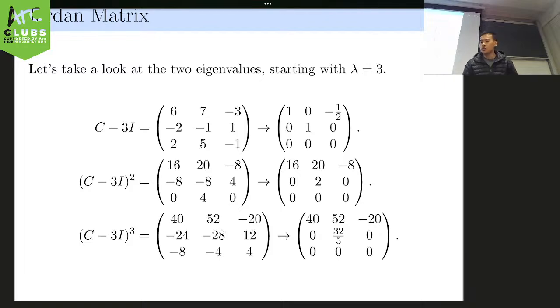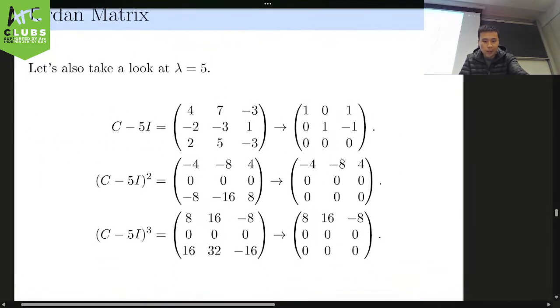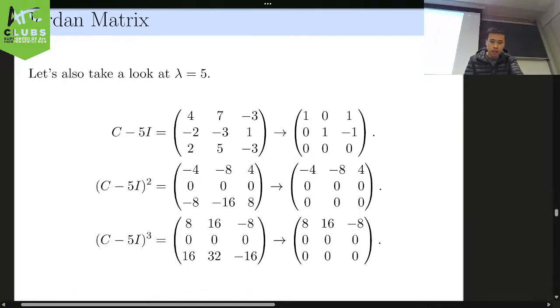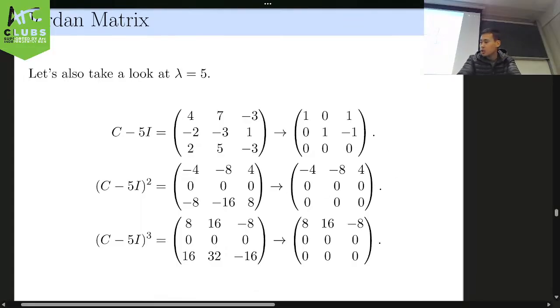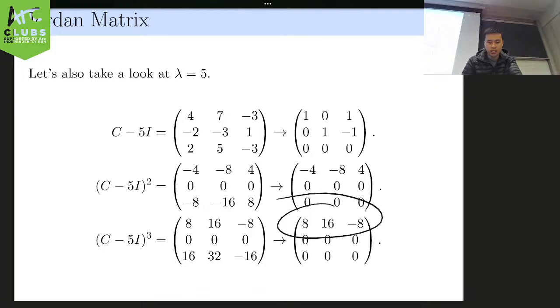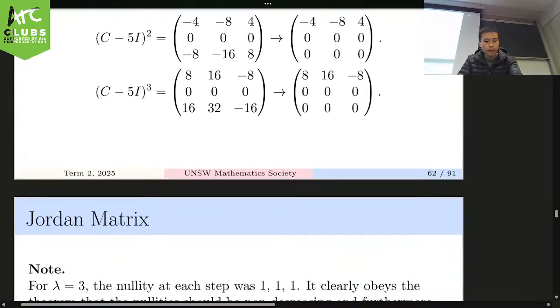It's kind of like induction. If it works for the first 2 cases, then surely it works forever. And then for this one, unfortunately this one goes away, but this one here remains persistent, I guess. So this row will always be there. So the nullity in that one would be 2 because you've got one leading column.